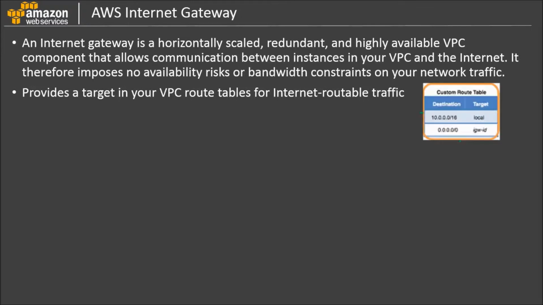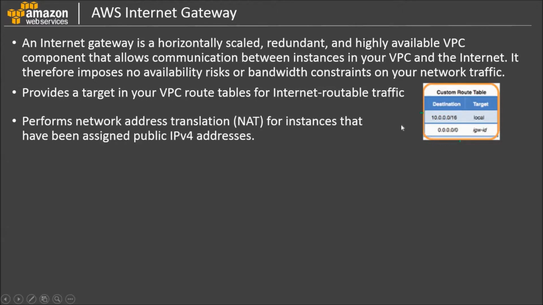For example, look at this route table that we have seen in our last diagram. This route table has a route that points to the internet gateway. Internet gateway performs network address translation for instances that have been assigned public IPv4 addresses. Amazon EC2 instances within an Amazon VPC are only aware of their private IP addresses.